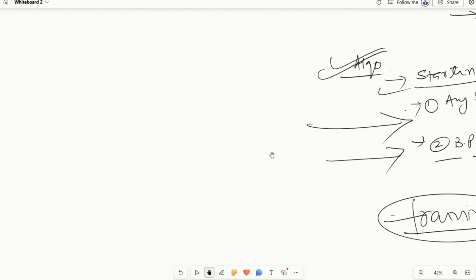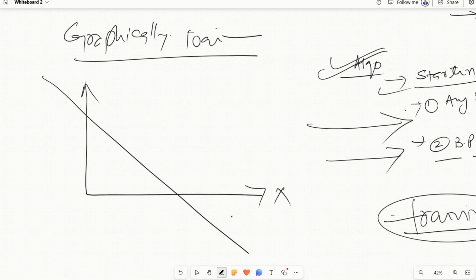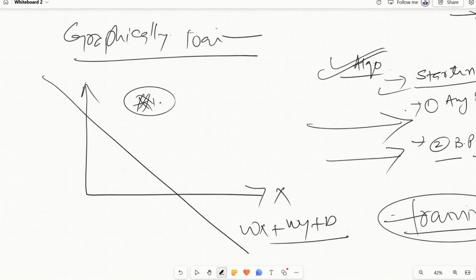If you have seen my first video, where I discussed graphically how the training happens, let's suppose this is my x and this is my y, with weights wx, wy and b. This is my perceptron, and suppose this point is misclassified. The features are 2 and 3, x1 and x2.